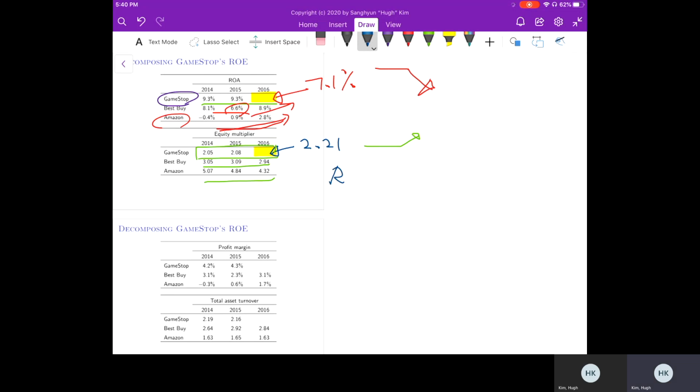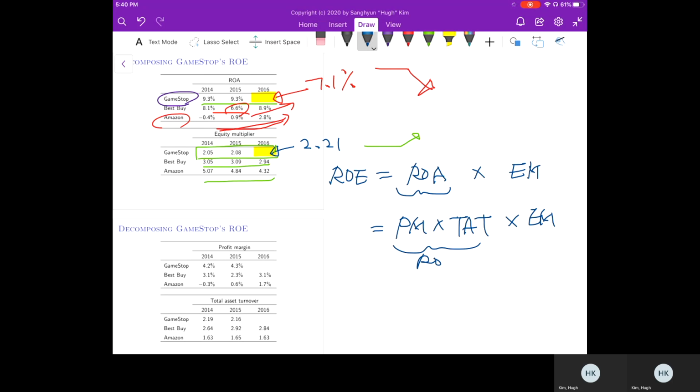Again, ROE is ROA times the equity multiplier, and ROA is profit margin times total asset turnover. So that is ROA. We're going to decompose ROA into profit margin and total asset turnover.